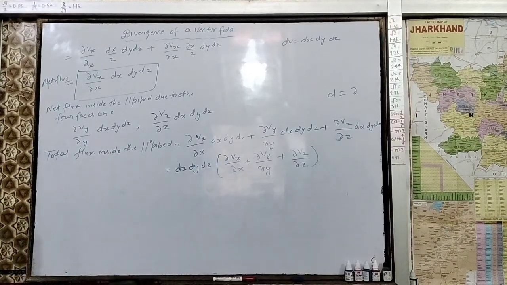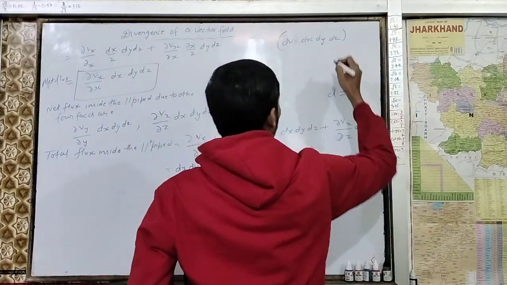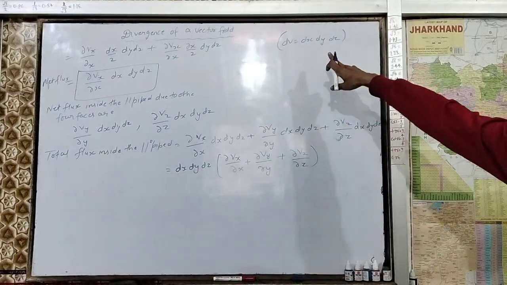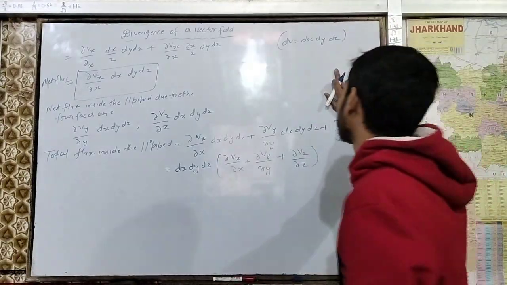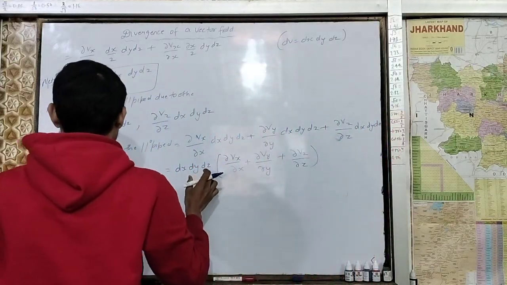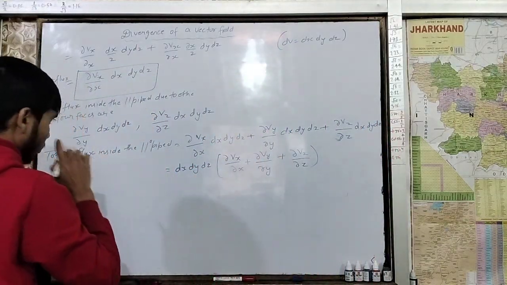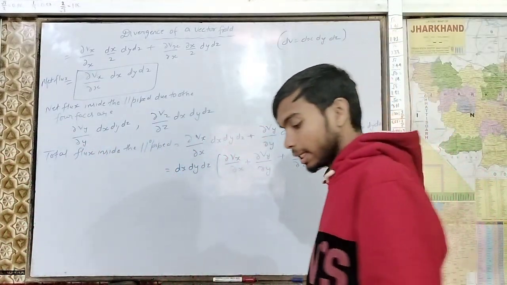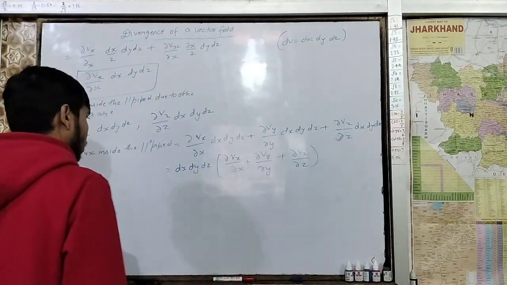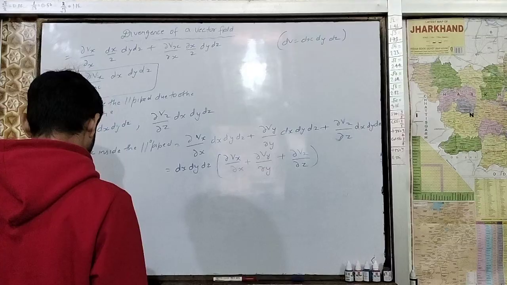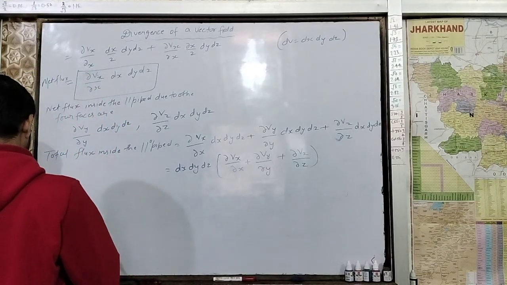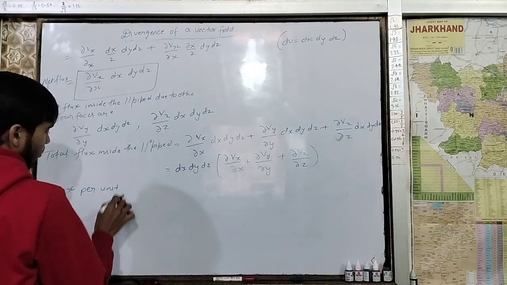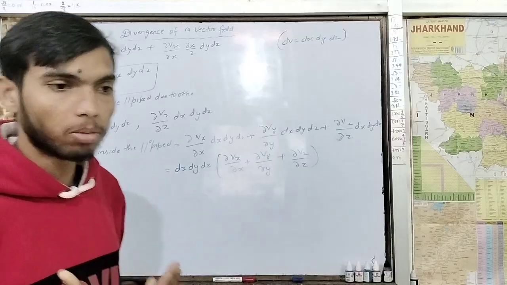Since you know that per unit volume is 1 upon V, and V is dx dy dz, the flux per unit volume of the parallelepiped is 1 upon dx dy dz times this.